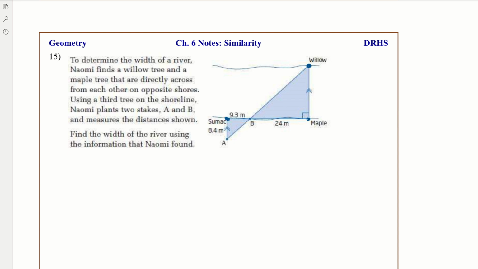Okay, so she created similar triangles here. What we can see here is I'm going to make this width of the river x, because that's what we're trying to figure out. So I'm going to say x over 8.4 is equal to, I'm going to go back to the big triangle, which is 24 over 9.3.